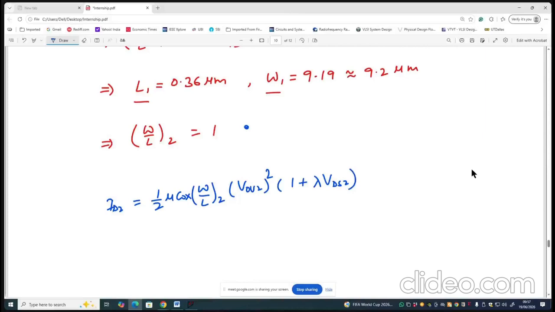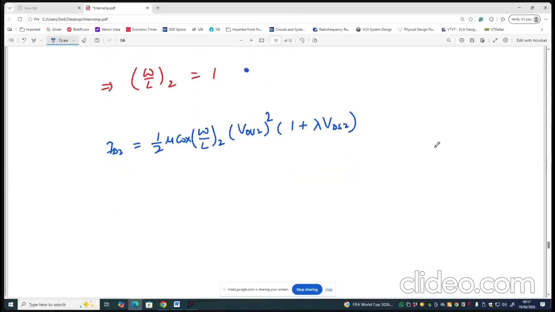This requirement should also be satisfied, right? Let's see if we get this requirement satisfied or not.